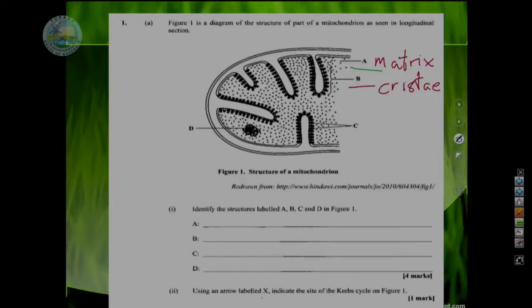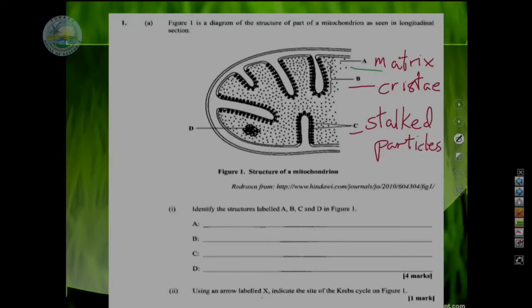And then you have C, which you would see these are really ATPase, and we can put the stalked particles. I apologize for my writing here. This challenges me every time.